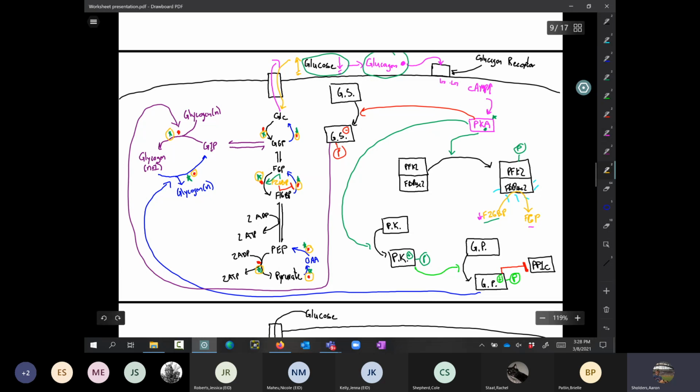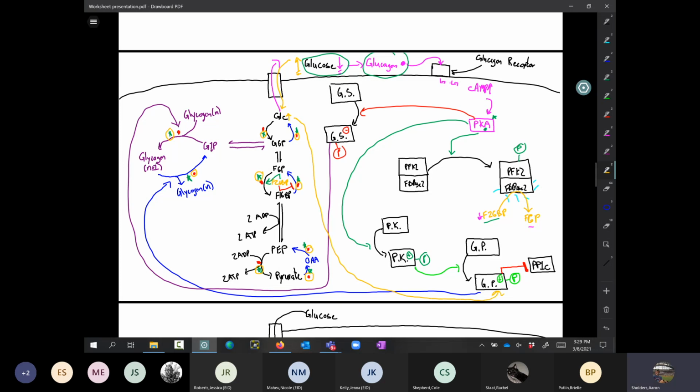What that's going to do is this. That's going to cause glucose concentrations inside the cell to go up. Okay, now one of the first things that that's going to do is it's going to cause this. Okay, trying to figure out how to draw this, but it's going to come all the way down here and it's going to bind to this.